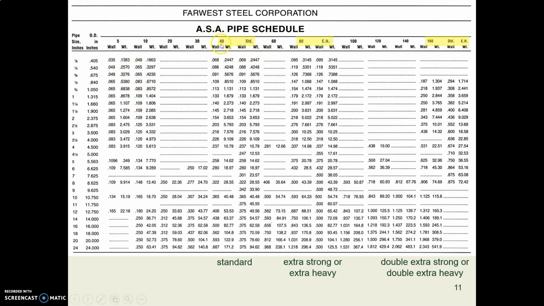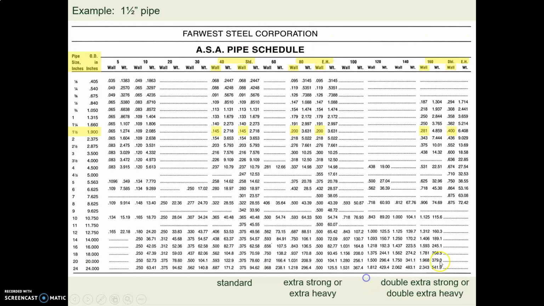Here is Schedule 40, also known as standard. Here is Schedule 80, also known as extra strong or extra heavy. And over here on the far right, here is Schedule 160, which is slightly different from double extra strong or double extra heavy. So let's compare some sizes.